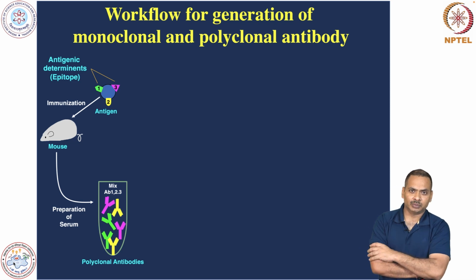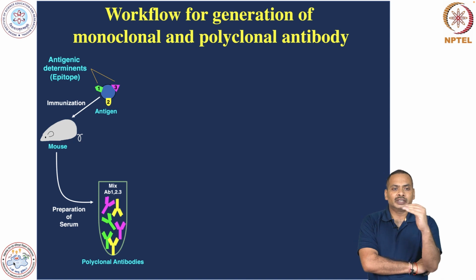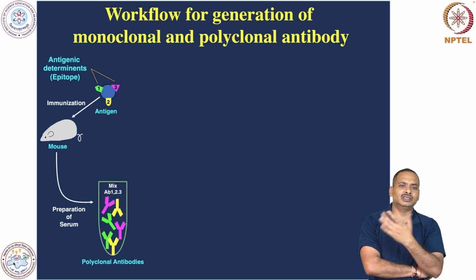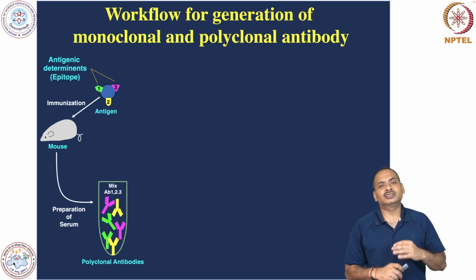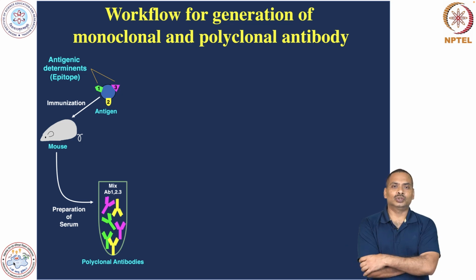So, in order to get one type of antibody, we adopt another method. Here I am just showing the workflow, and after this I will talk about how to make the monoclonal antibody.